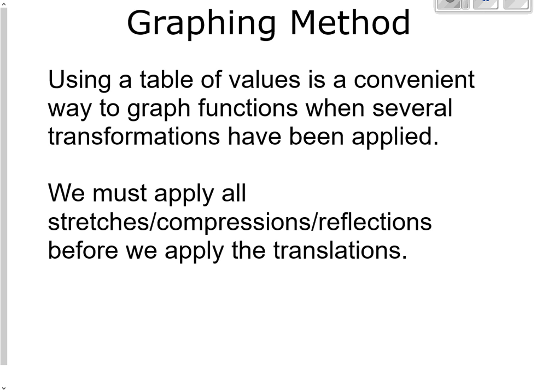Remember that we apply all our stretches, compressions, and reflections before we apply the translations. And one of the good ways to remember this is that we always go from left to right, dealing with every single translation that appears in that order. If you do that, then you will always make sure that you follow the rule of stretches and compressions and reflections before the translations, before left, right, up, and down.